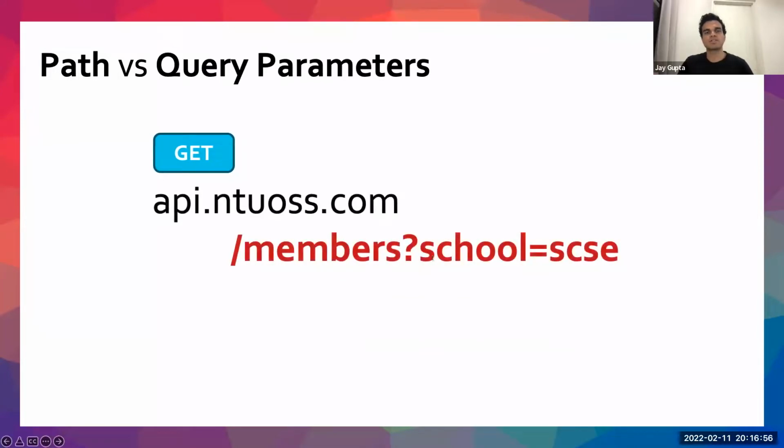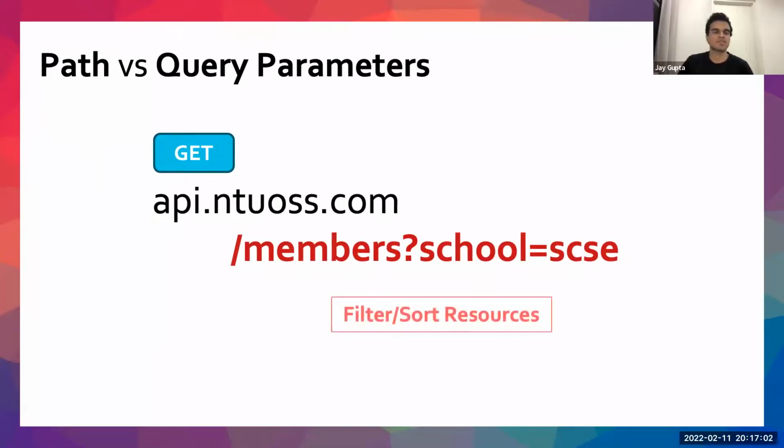If I have a question mark school equal to SCSC, then I'm trying to filter resources. It seems a bit out of context here, but we will get into more depth on path and query parameters in the next workshop, so hopefully that will be more clear the next time.